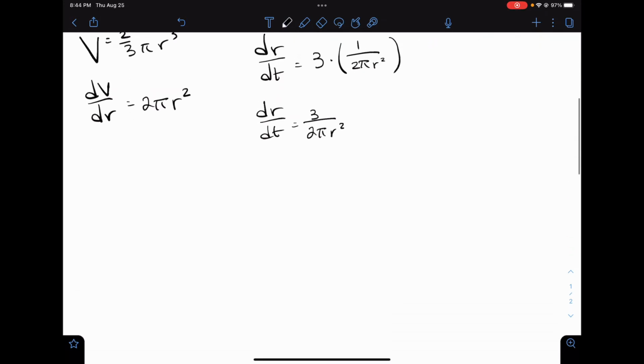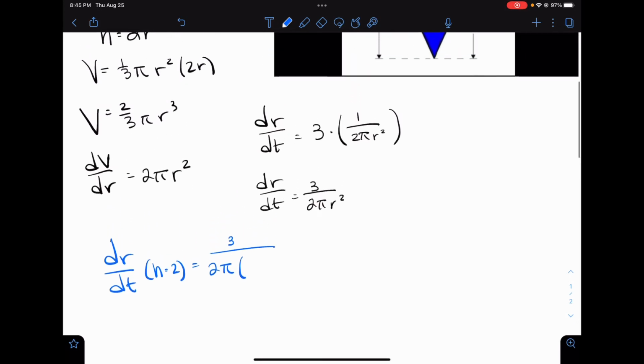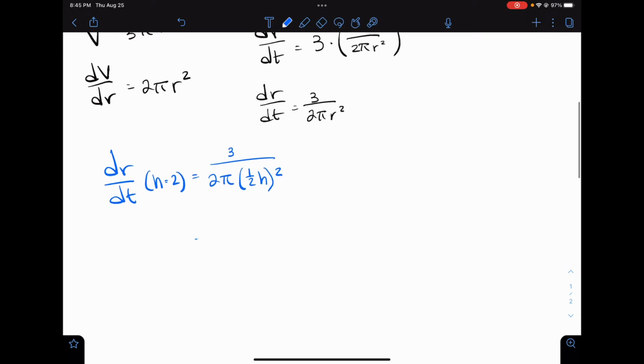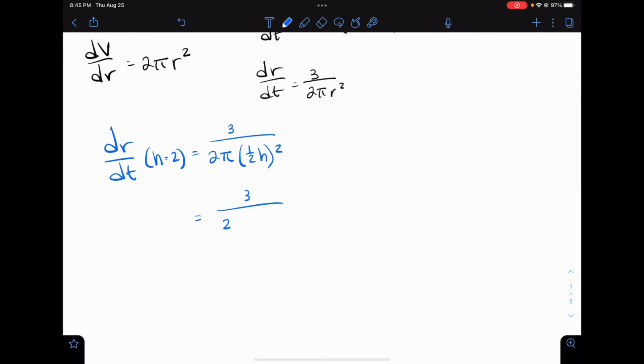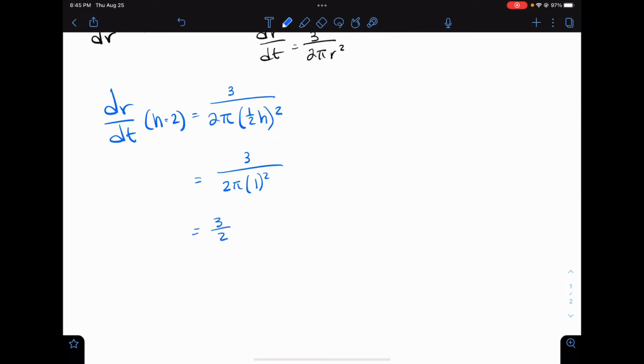The problem is specifically looking for the rate of change at a specific height. So dr/dt at h equals 2 equals 3 over 2 pi times, if we substitute in r for h, (1/2 h) squared, and then plug in 2, we get 2 pi times 1 squared, which equals 3 over 2 pi as our answer.